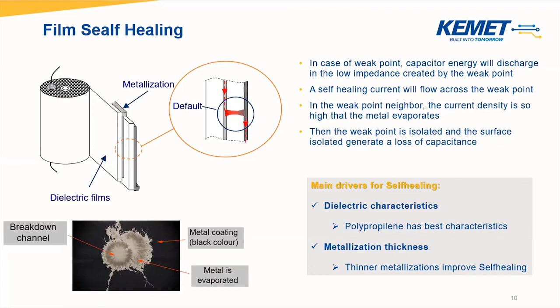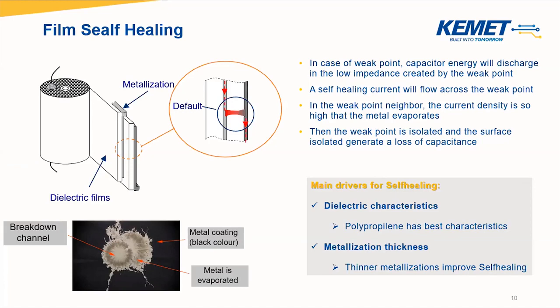current flowing in this direction can generate high power, and this high power leads to an increase of temperature that will lead finally to the vaporization of the metallization in that area. As you can see from the picture, this is a picture of the self-healing.